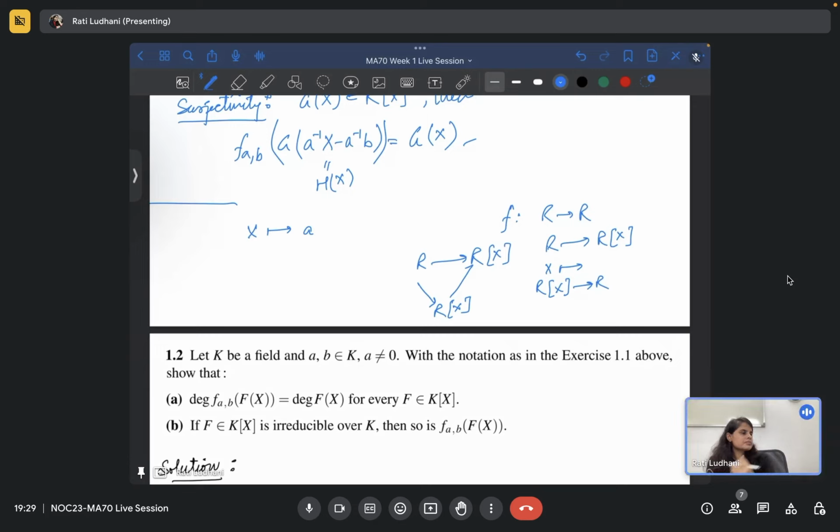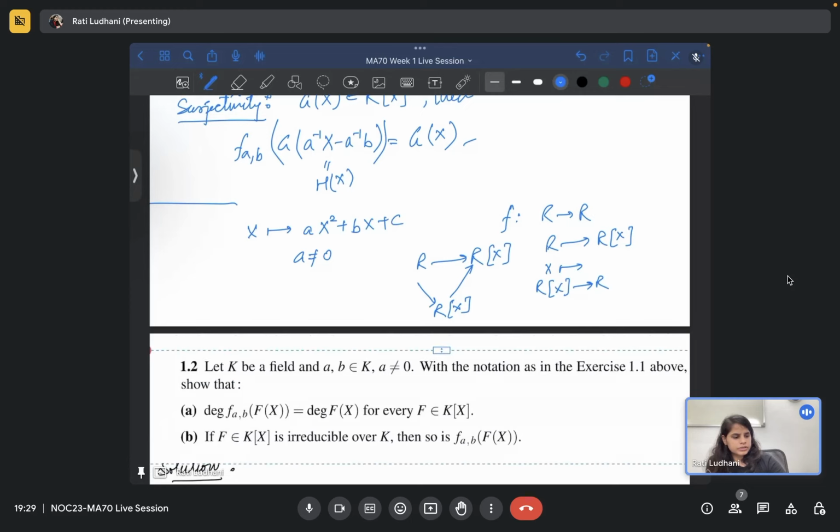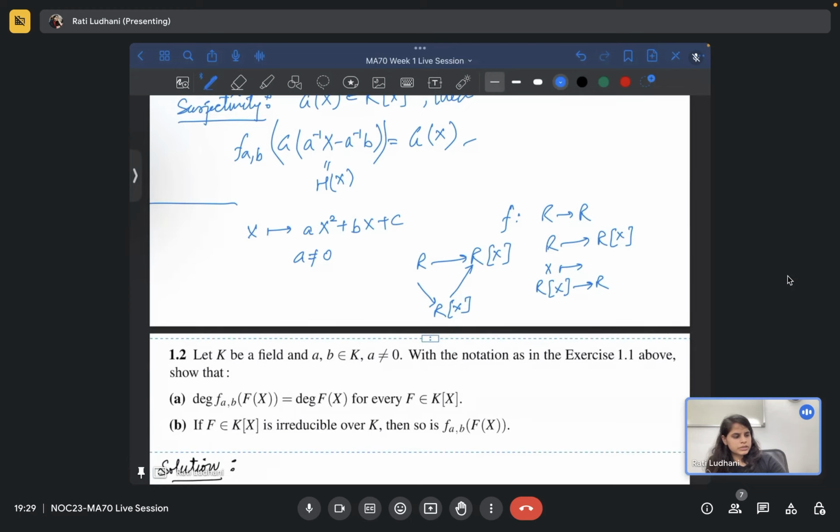It will be, because if a is non-zero and you define it like this, then any polynomial you take, the degree will only increase. So as an image you cannot get a degree 1 polynomial.